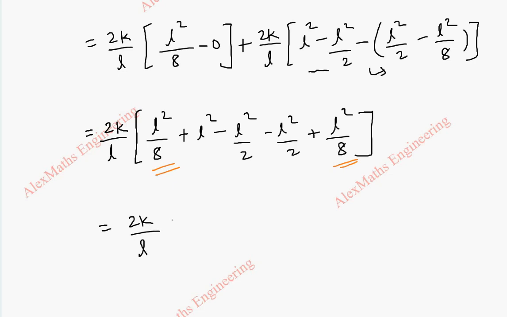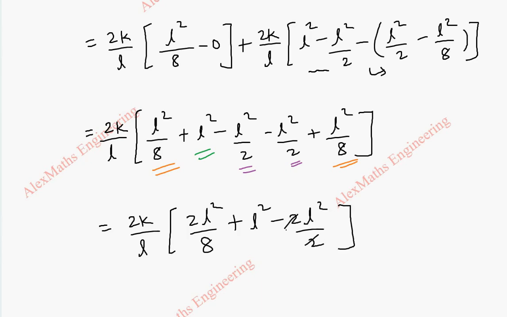Outside we have 2k/L as it is, then 2L²/8. Then we have this L², which we write as it is. Then we have minus L²/2 minus L²/2, and by adding that we get minus 2L²/2. We can cancel these two, and we see plus L² minus L², we can cancel those also.